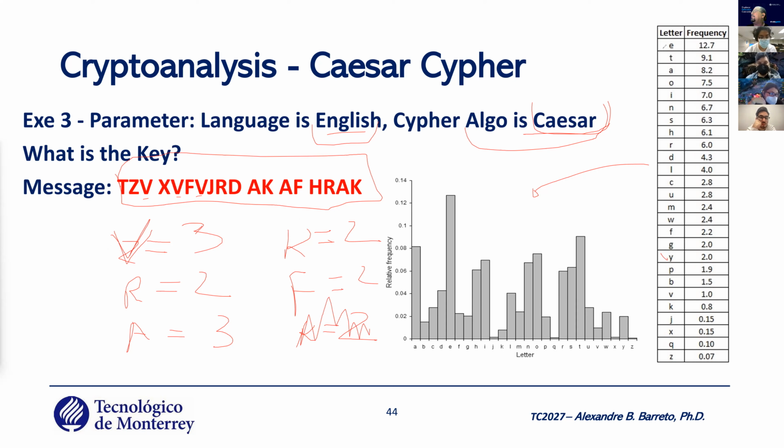If you use this table, there is a good chance that V and A is the letter E. What you do is replace V first and after A with the letter E. V is 3, A is 3. What you do now is replace.